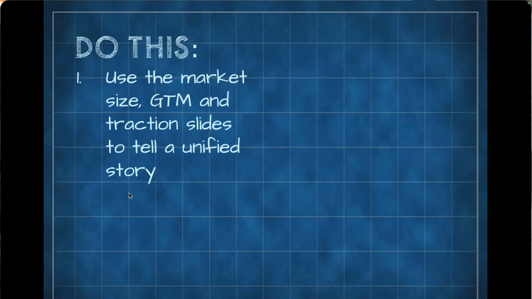Number one pointer: don't treat the go-to-market slide as an independent thing that's living by itself. Use the market sizing slide, your go-to-market slide, and potentially your traction slide to tell a unified story. So generally, I encourage people to have all 3 of these slides, like 1, 2, 3, because that way you can say, hey, look, this is the size of my market, it's huge, and here's a bunch of example contracts.